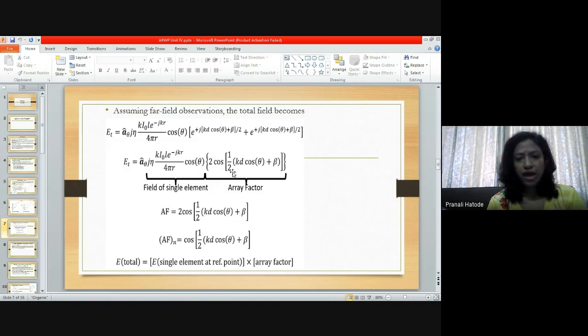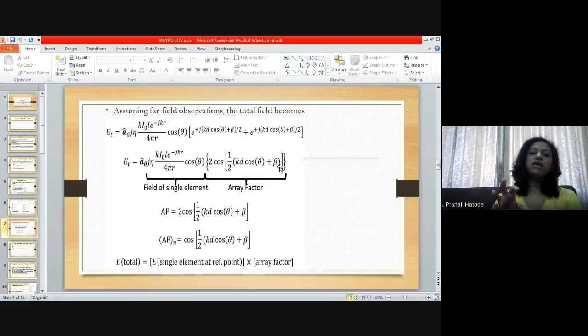But if you look carefully at the equation in the bracket, you can see the number of elements as well as d, that is the spacing between the two elements. That means it tells us about the geometrical structure or geometrical specifications of the array, and also the phase difference between the two elements.